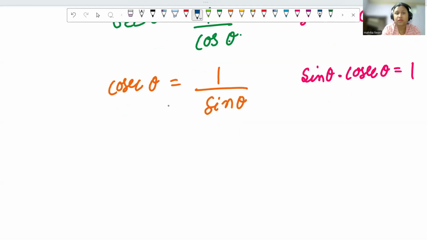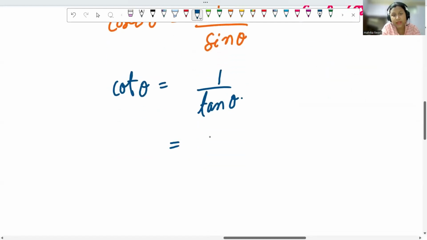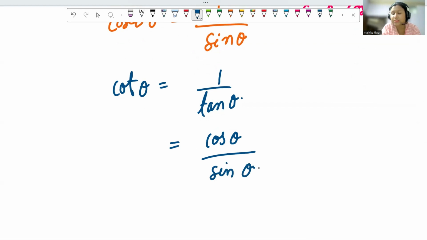So for tan, we have tan theta, or let's define the reciprocal ratio only, cot theta, which is 1 by tan theta. Okay, so here this can also be defined as cos theta by sine theta.